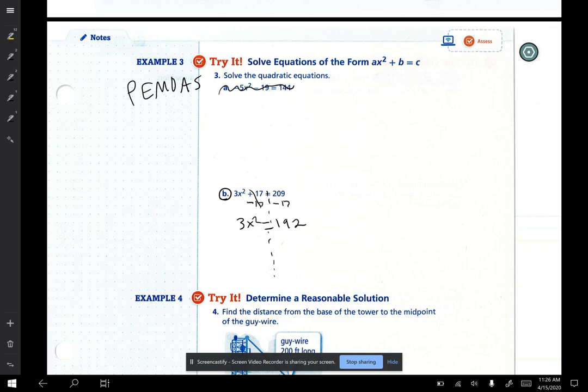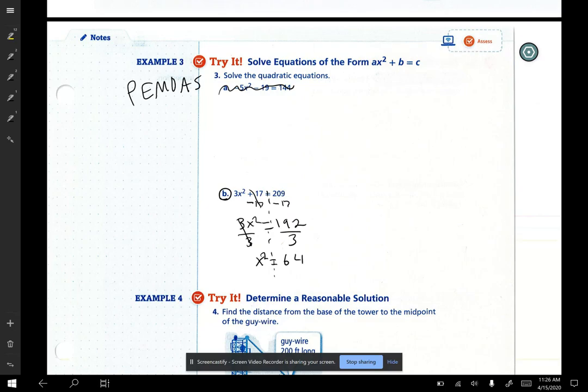Now this problem looks exactly like example 2. So from here on, it's no different than example 2. If you were confused about what I do now, you should look back at example 2. To get rid of this 3 times x squared, I'm going to divide 3 away. I'm left with x squared equals 64 because 192 divided by 3 is 64.